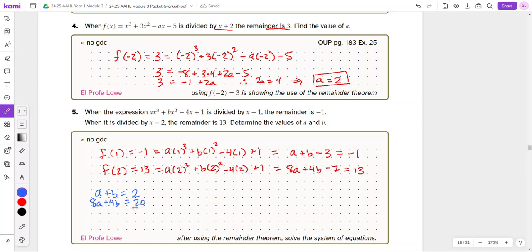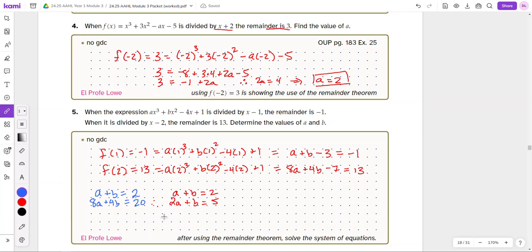Now, let's rewrite and simplify this a little bit. My lower equation, if I divide everything by 4, that's going to be 2a plus b is equal to 5. My upper equation, let's leave that as a plus b is equal to 2.